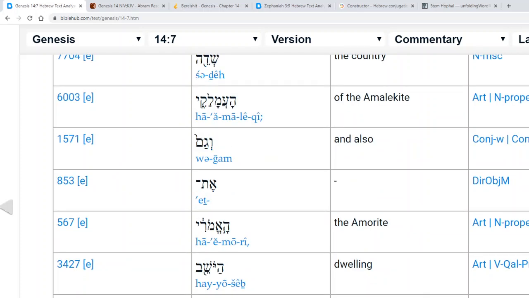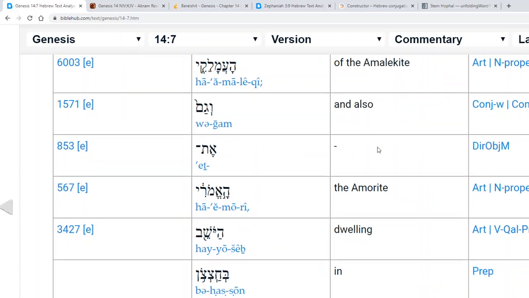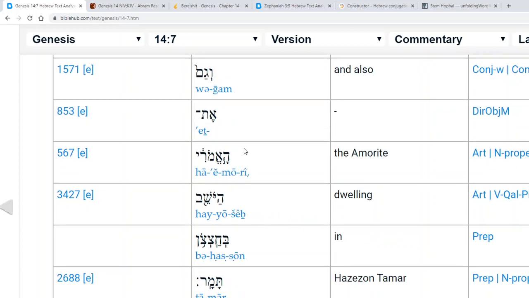Vegam, so conjunctive vav, and gam is the conjunction also. Et is the direct object marker. Ha-emori, so article, emori, Amorites with an aleph, and it doesn't have the vav as it usually doesn't. Ha-yoshev, so the article he, Yoshev, is written without a vav.